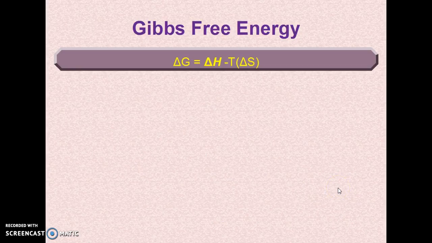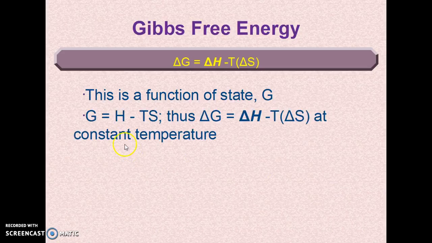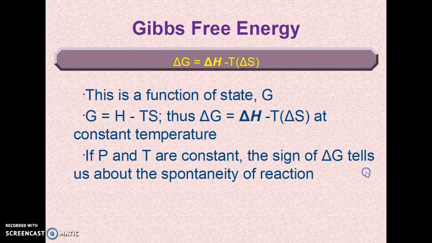So we have the equation on the top here in the bar, and this is a state function, isn't it? G is equal to enthalpy minus TS. So delta G is equal to delta H minus T delta S if the temperature remains constant.